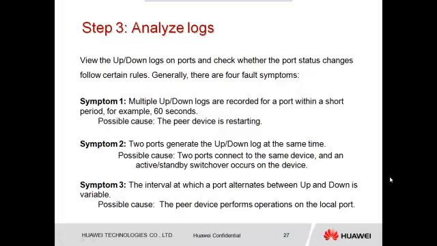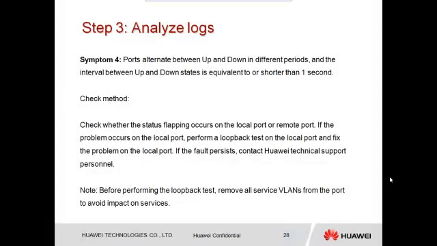The possible cause may be the peer device performs operations on the local port. Symptom 4. Ports alternate between up and down in different periods, and the interval between up and down states is equal to or shorter than 1 second.